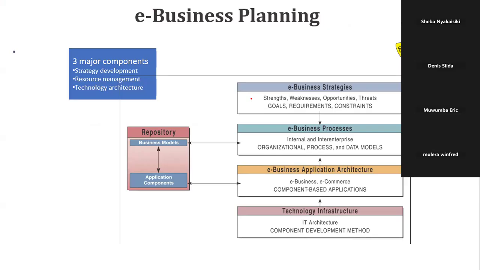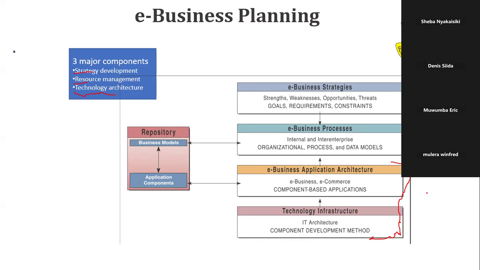Now, because we're in the area of ICT, we also have e-business models. These e-business models include a strategic part, the resources necessary, and the technology architecture. It includes all these 4 parts. The technology architecture is composed of 2 sections, e-business application and the infrastructure.